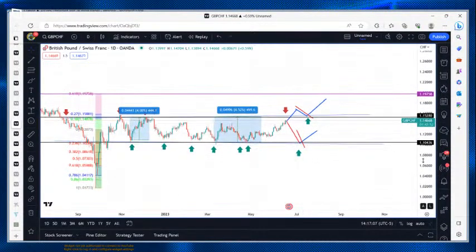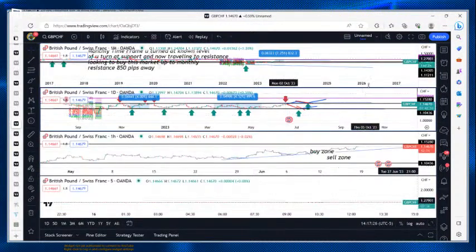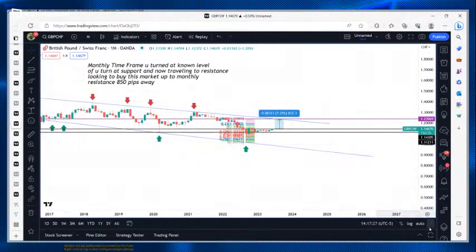But as of now, we're just waiting on a low price at a known level of U-turn, waiting for the market to give us a low price down here, and then we can just buy it back to the top of resistance until we break out of resistance bullish, get a retest at the backside, then we can buy it up to the daily fib in the direction of the monthly Fibonacci target, which is 12396.